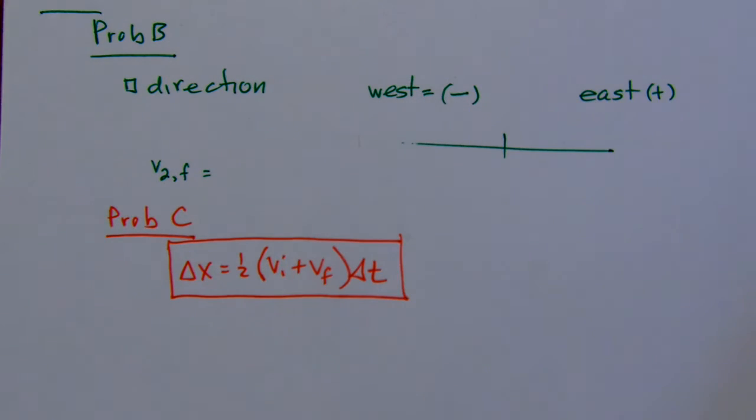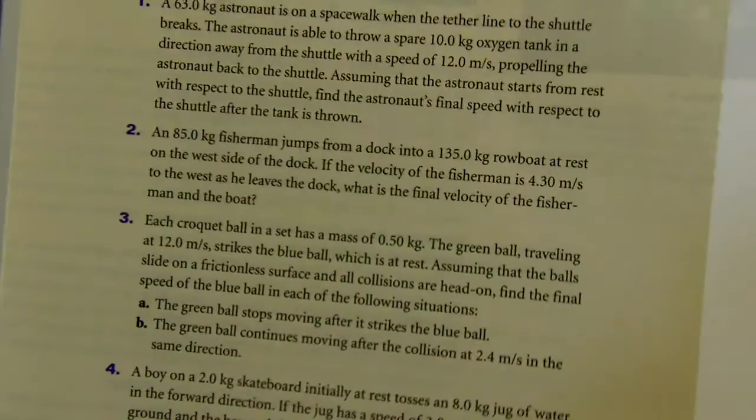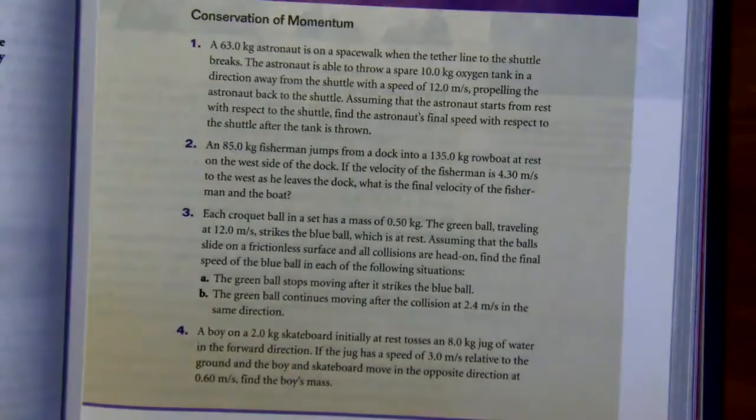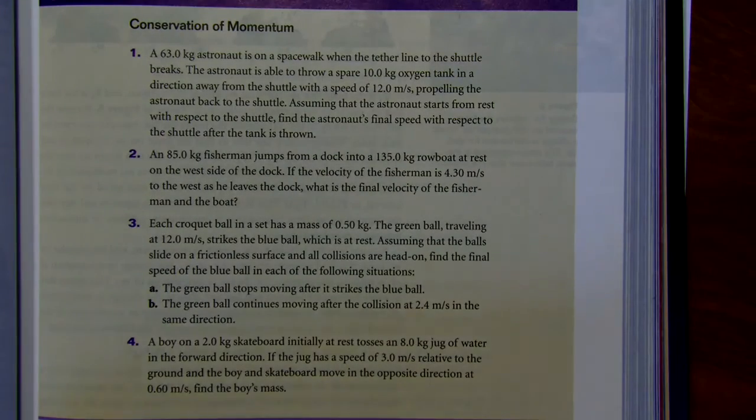Now for part D. Part D is more of a classic momentum type problem. By that I mean it's going to be M1 V1, M2 V2, and so on, M1 V1 prime.